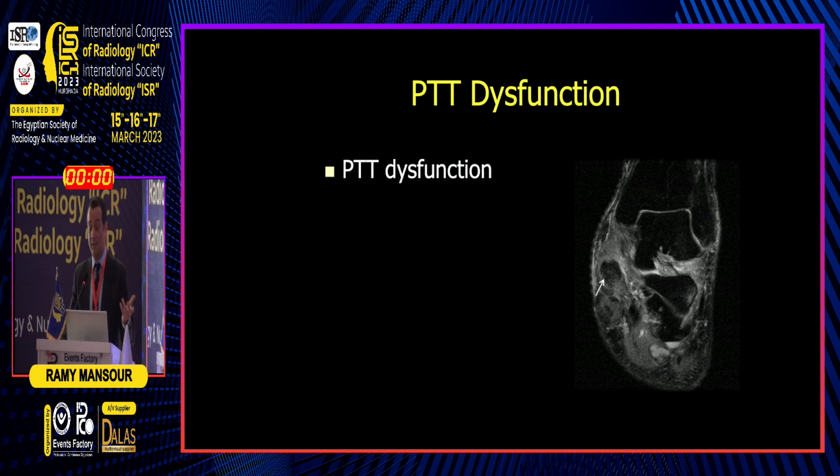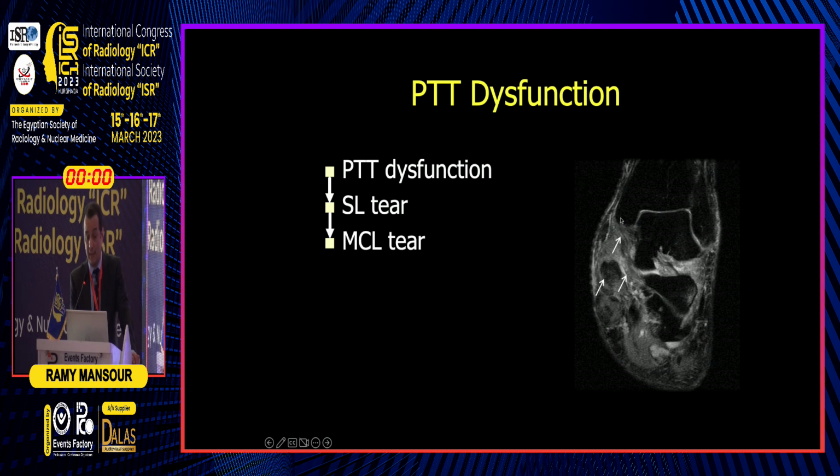It starts with posterior tibial dysfunction. This can lead to tear of the spring ligament or the calcaneonavicular ligament. This causes further instability, can affect the MCL, and then can cause problems in other sites.